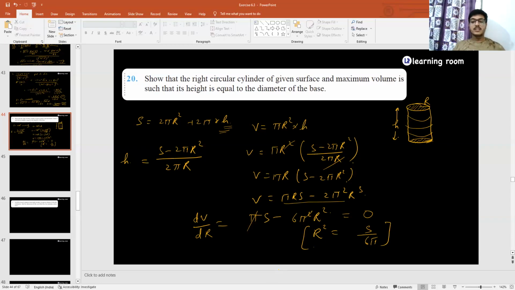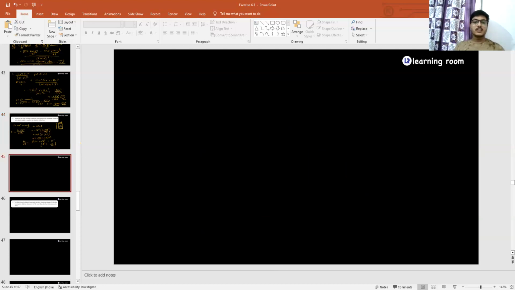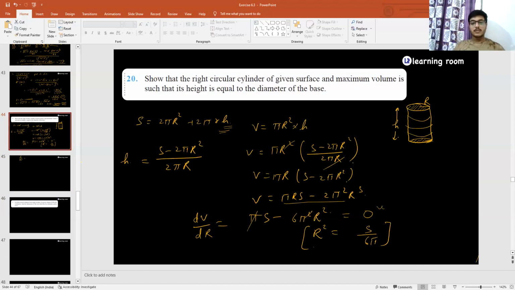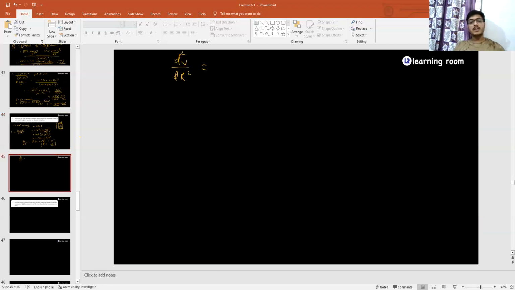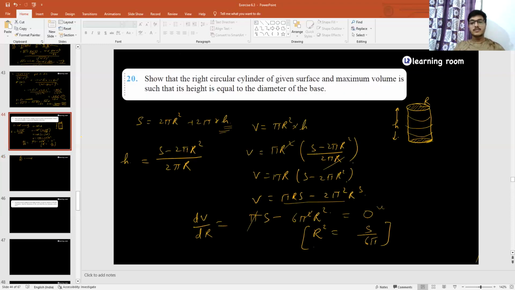Now we'll double differentiate it, to check whether what we are getting is maxima or minima. d2V by dr square will be pi s, that will be 0, and minus 6 pi r square, so it will become minus 12 pi r, and r square value is s by 6 pi.